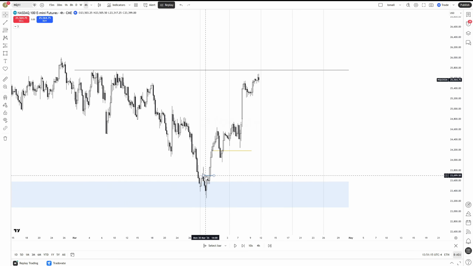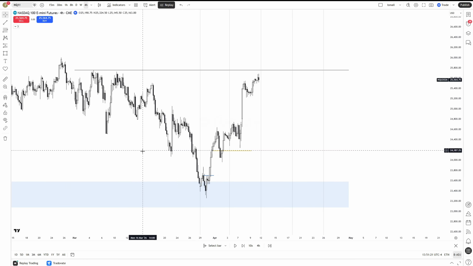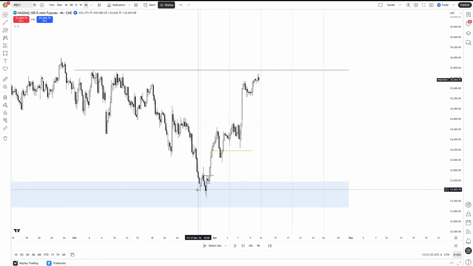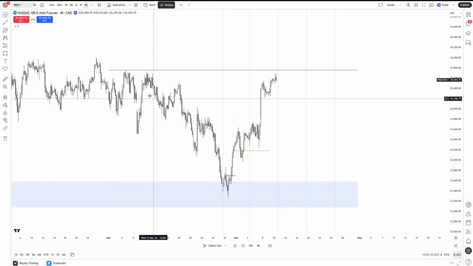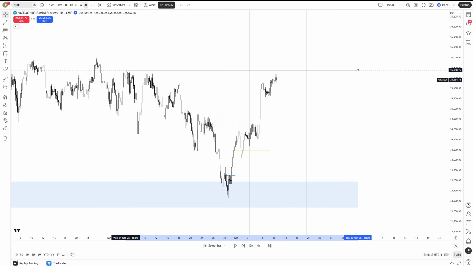I don't really care about, we closed above some down candles, right? I do use this concept, but in terms of profiling, it's not that important. So we get the change in state of delivery anyways, and we print the new month open. Now, if you remember the characteristics I told you guys, for a classic expansion week, there must be a market maker model to reference.